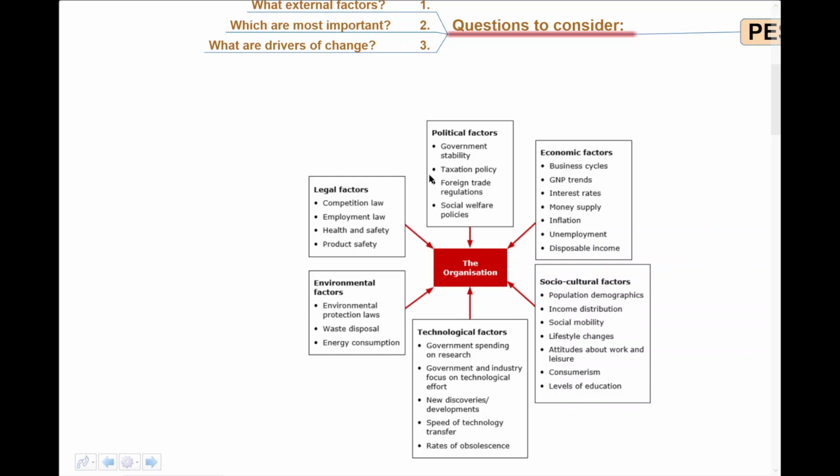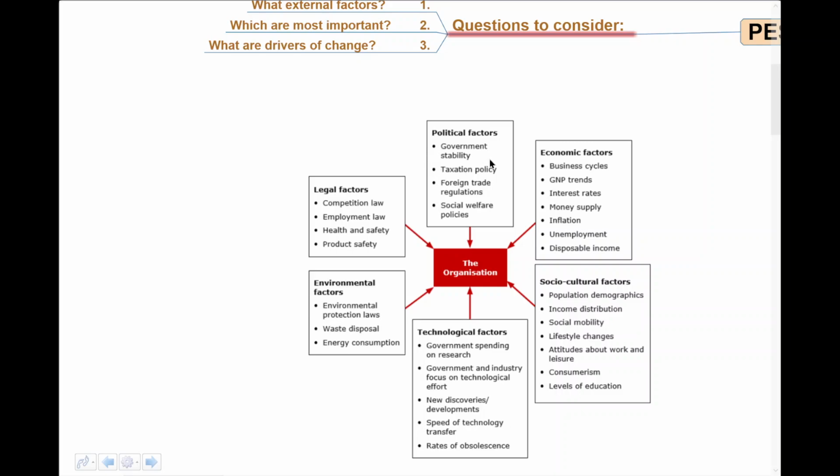Does taxation policy or possibly changes in taxation, is that likely to affect our business? If so, in what way? Outside of that, are we involved in some way in operating internationally? Will foreign trade regulations, or possibly a change in foreign trade regulations, affect us in some way?